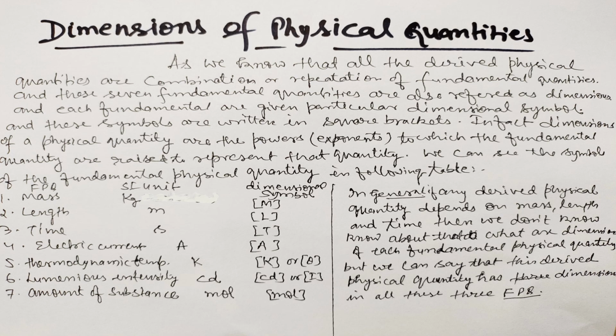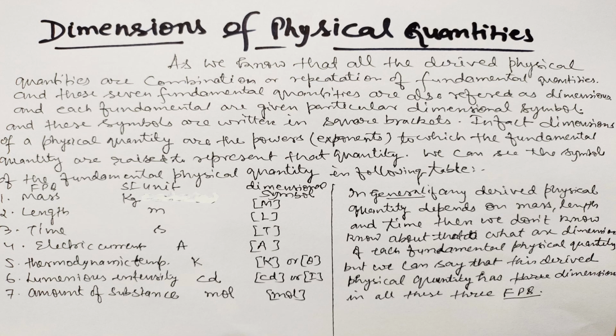For electric current, the SI unit is ampere, A, and the dimensional symbol is also A, but in brackets. For thermodynamic temperature, the SI unit is kelvin, symbol K, and the dimensional symbol is again in brackets [K], or you can also see theta in brackets in some books.